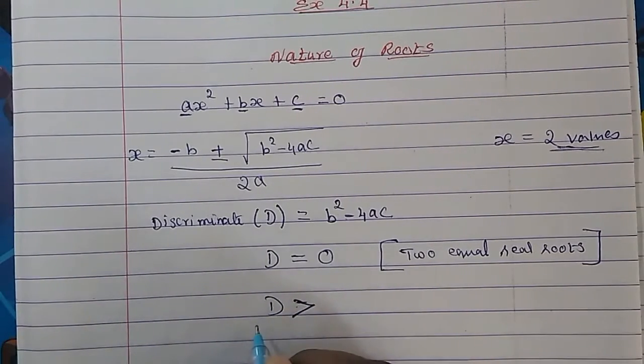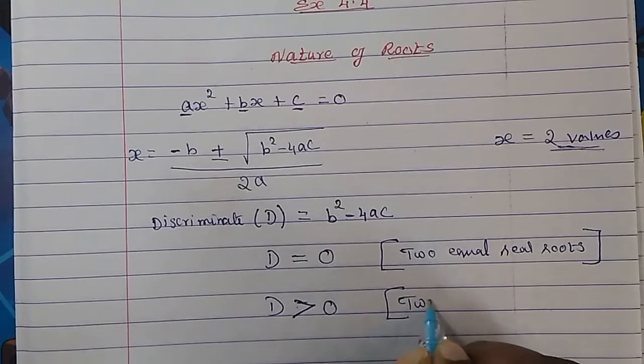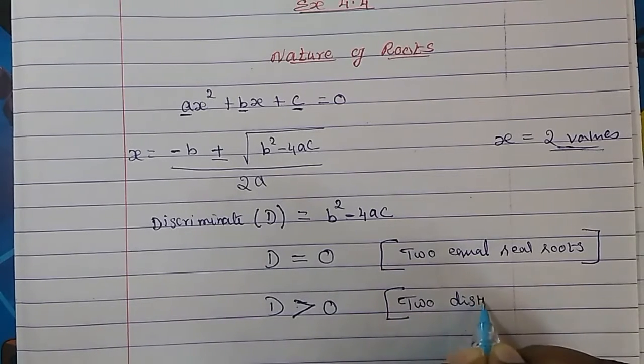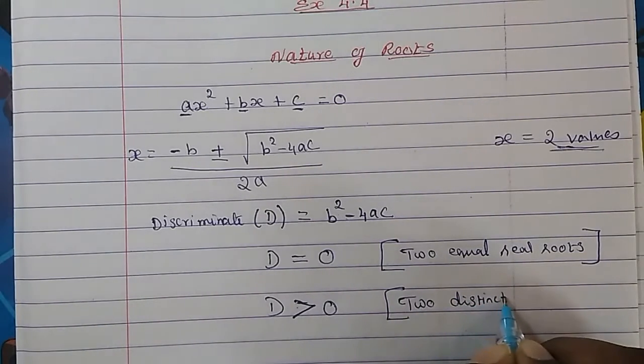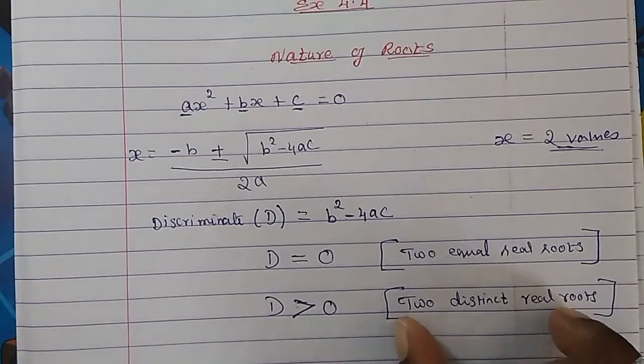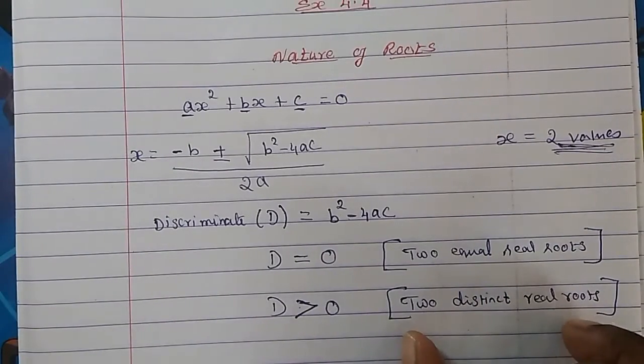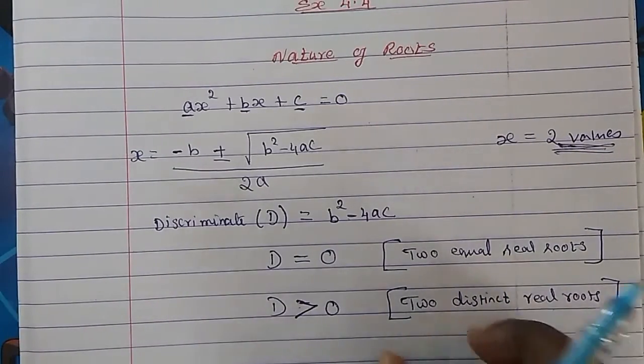But when your D value is greater than 0, so D is more than 0, then you will get two distinct real roots. Meaning you will get two values but different numbers, either plus or minus or whatever it is.